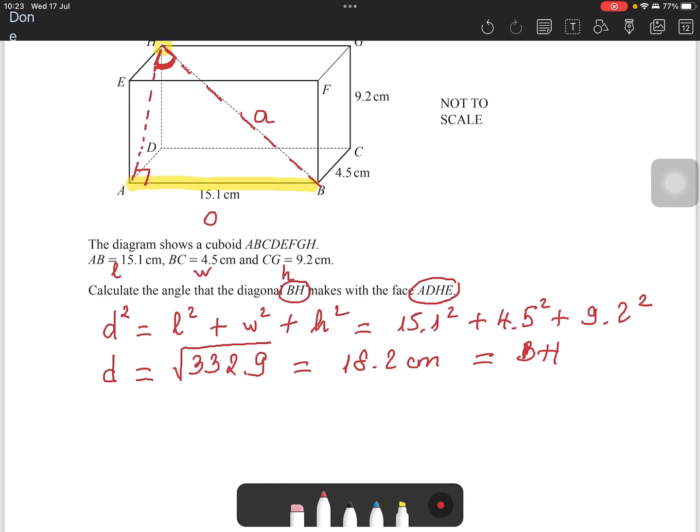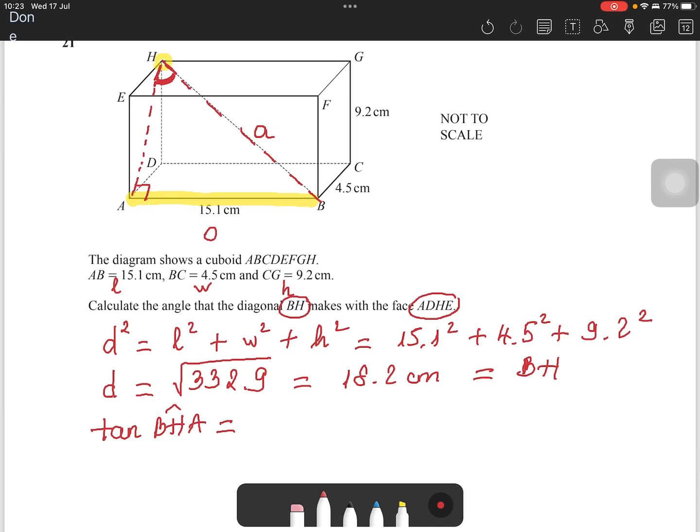So we will use TOA. tan BHA is equal to opposite AB over adjacent BH. The opposite is 15.1 centimeters, and the adjacent is what we just found, the square root of 332.9, or you can write 18.2.